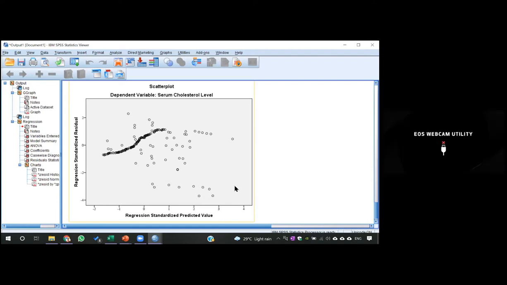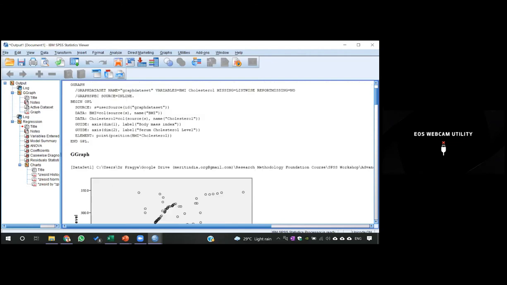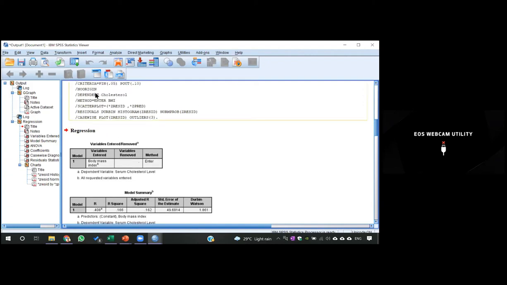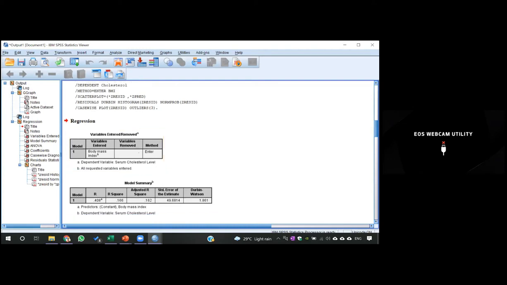Okay. So I will go again because I need to show you the results from the beginning. When you see the command, it gives you a brief of the command also. You can see it tells you the dependent variable, method is enter, scatter plot, residual, Durbin-Watson, and case-wise diagnostics. So in this regression, it has used the enter method of forming the regression equation.